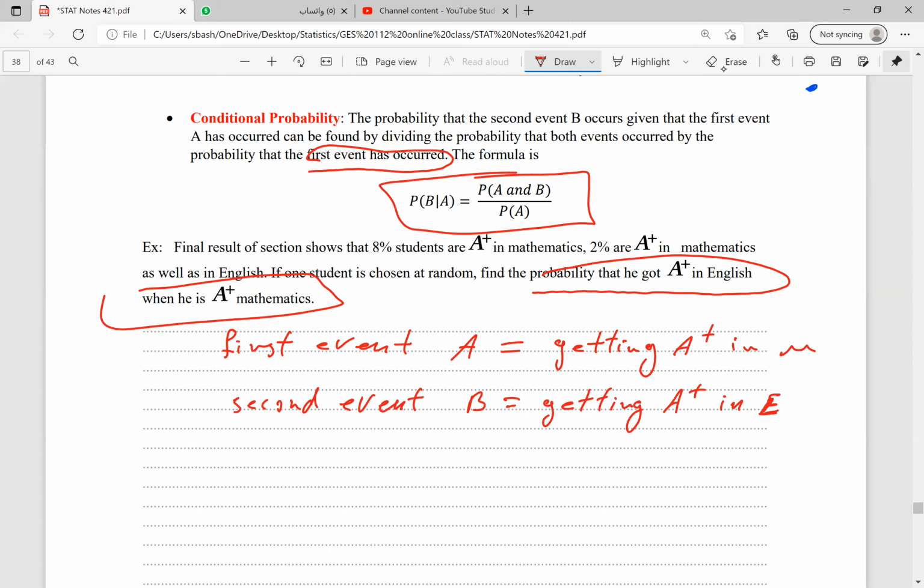So I need to find P of B given A, which means find the probability of getting A plus in English after he got A plus in math. And by the rule, this is P of A and B divided by probability of A.